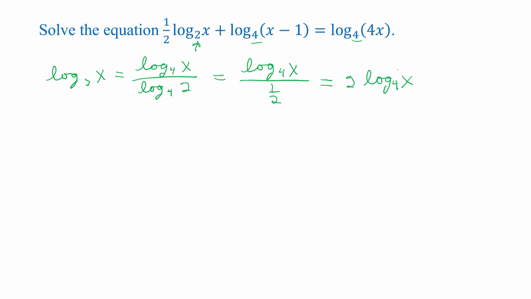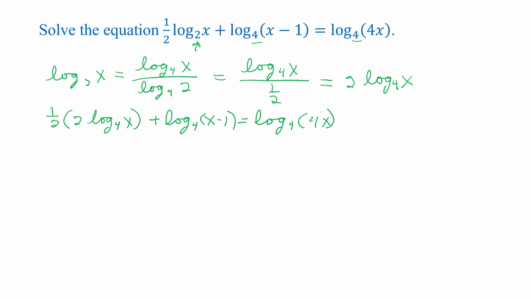So going back to our equation, we're going to rewrite it as 1/2 times, I'm replacing log to the base 2 of x with 2 log to the base 4 of x, and then we have plus log to the base 4 of x minus 1 equals log to the base 4 of 4x.